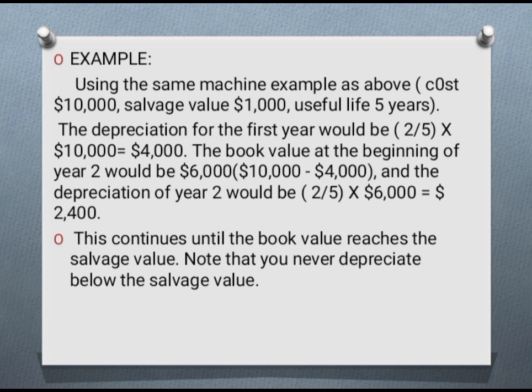The book value at the beginning of year 2 would be 10,000 minus 4,000, which is 6,000, and the depreciation of year 2 would be 2 over 5 times 6,000 is equal to 2,400. This continues until the book value reaches the salvage value. Note that you never depreciate below the salvage value.